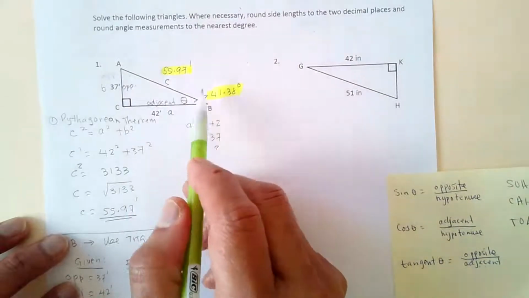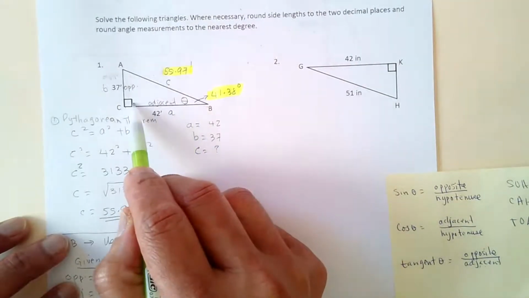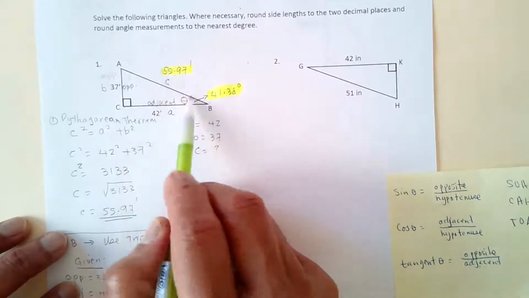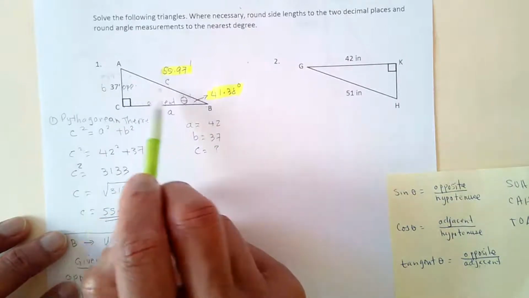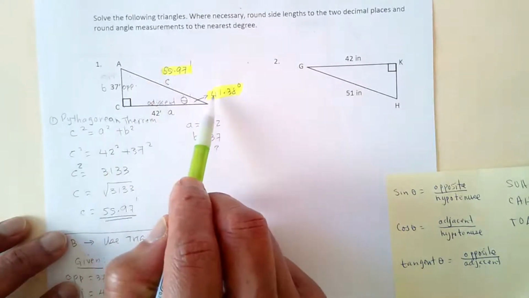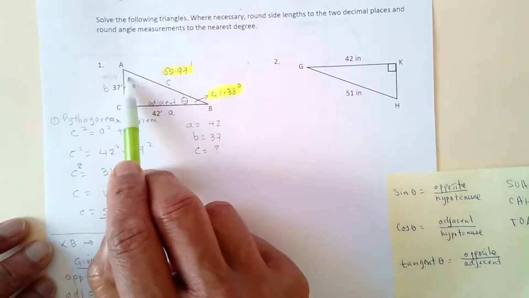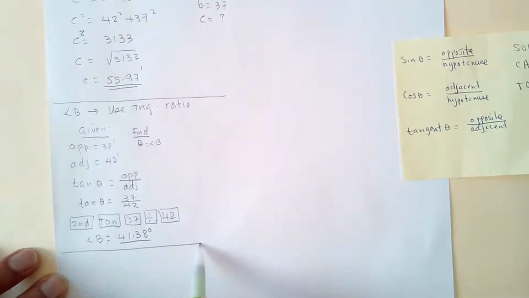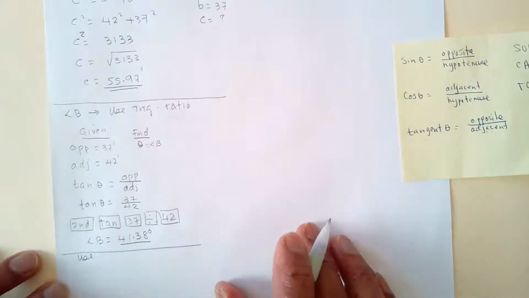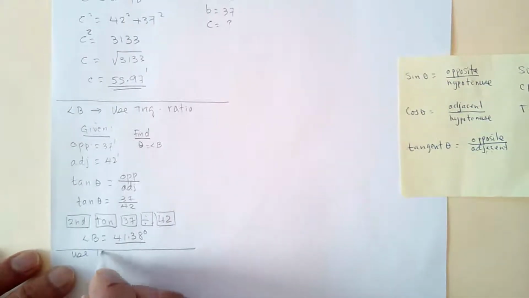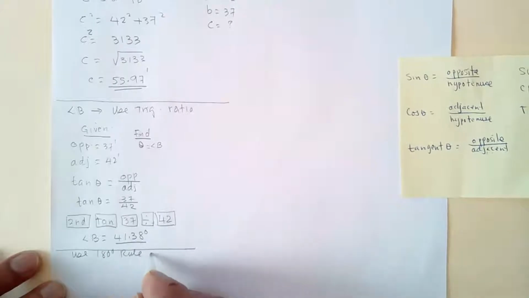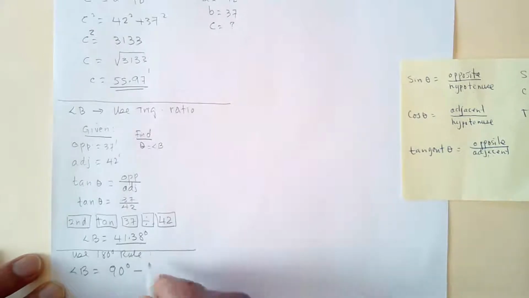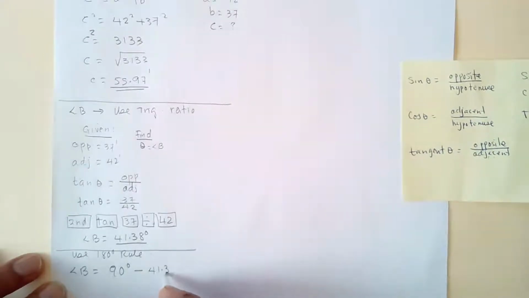So I have 41.38 degrees, I have 90 degrees. We know this is 90 degrees, so these 2 angles here add up to 90. So 90 minus 41.38 would give us angle A. So we can put that here. Use the 180 degrees rule. Angle A is equal to 90 degrees minus 41.38.